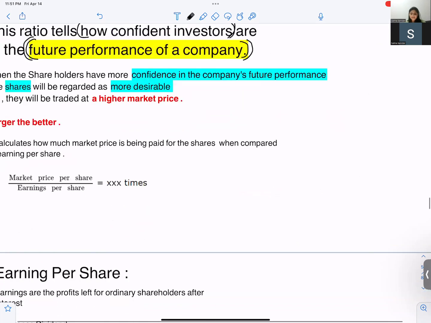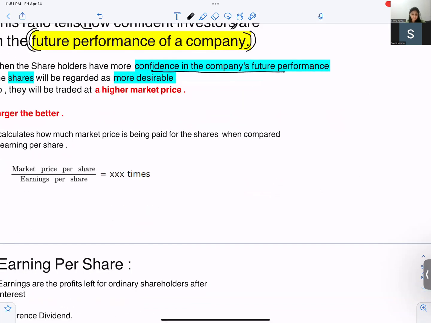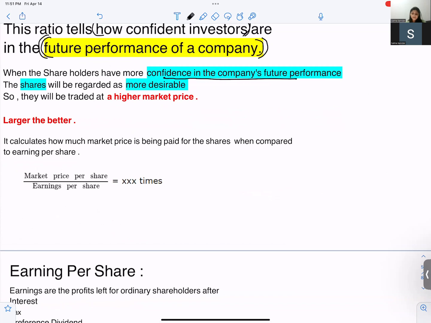When the shareholders have more confidence in my company's future performance, the shares will be more desirable. They will be traded at a higher market price. Larger price earning ratio is better.